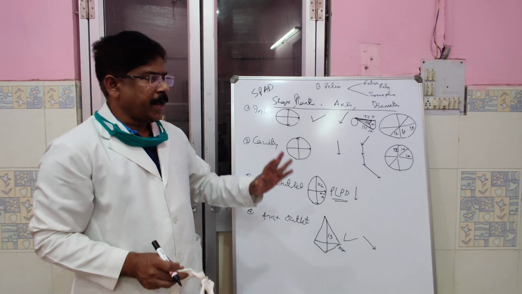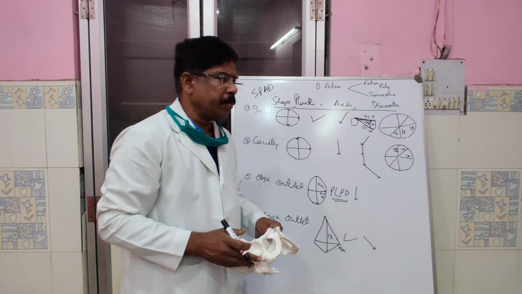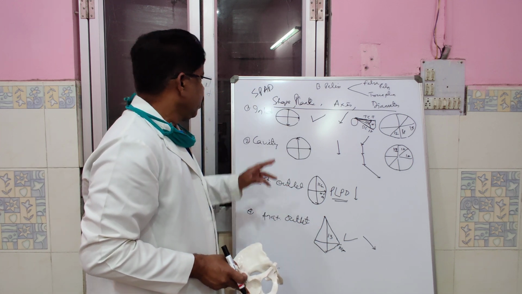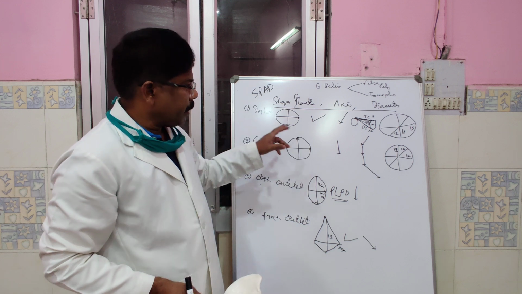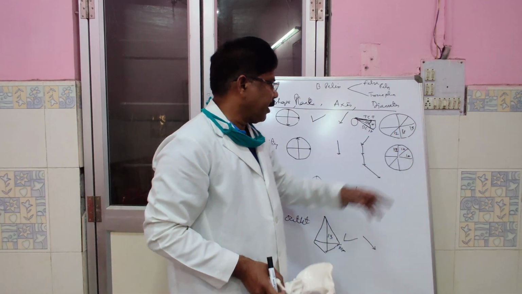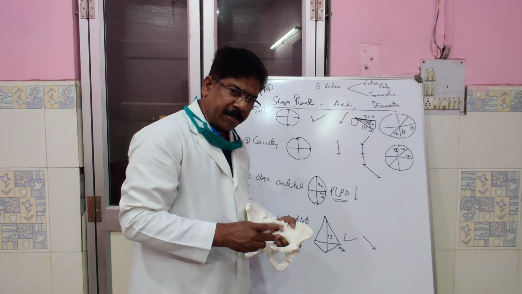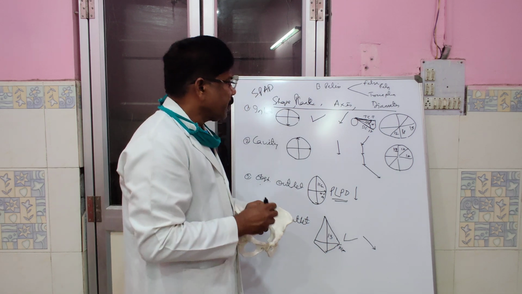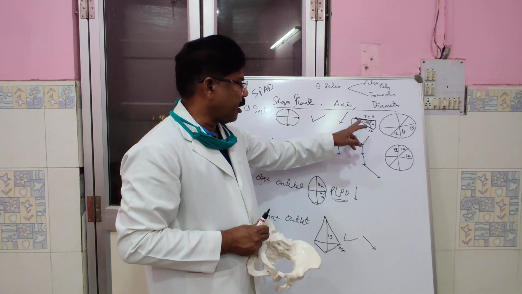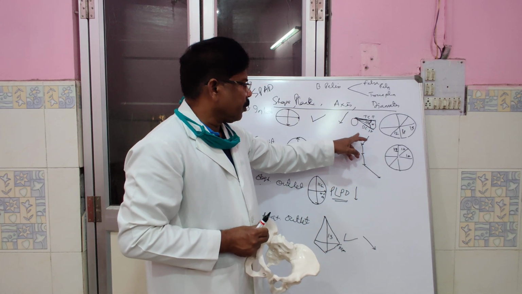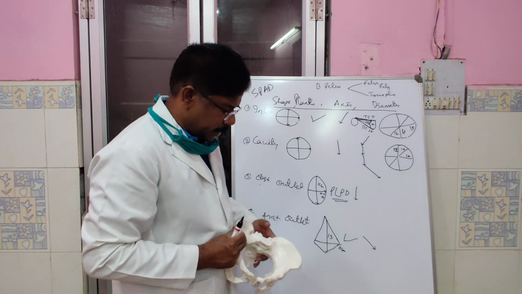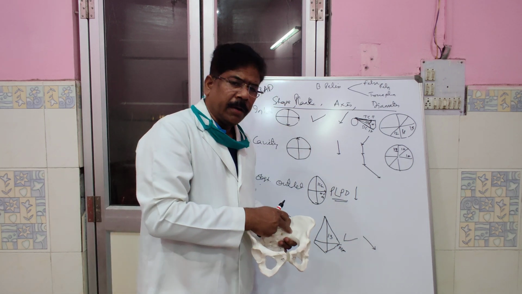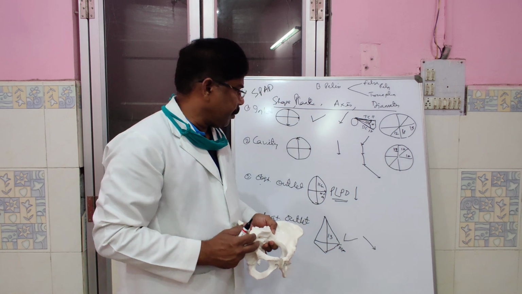Your idea regarding the different diameters is important for the postgraduate. You should know the different diameters at the different levels. At the level of the inlet, to repeat, the diameters are 11, 12 and 13. Here the transverse diameter is maximum, that is 13 centimeter between the two iliopectineal lines. For the anteroposterior diameter, there are three types: true conjugate, obstetric conjugate and the diagonal conjugate. Also the oblique diameter is important, covering the sacroiliac joint to the iliopubic eminence.